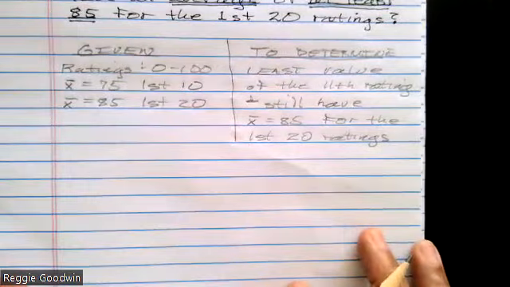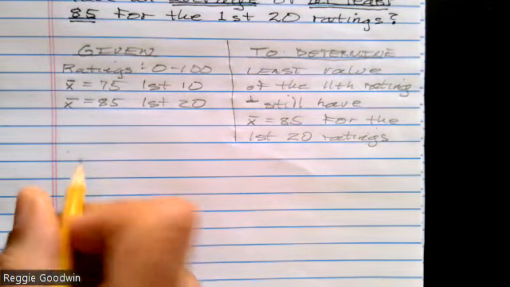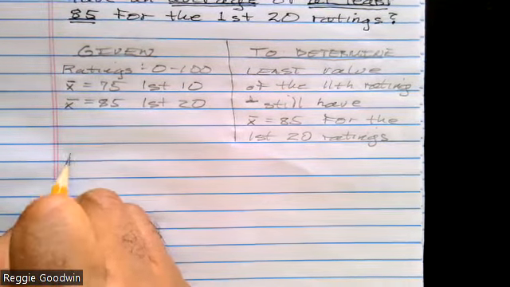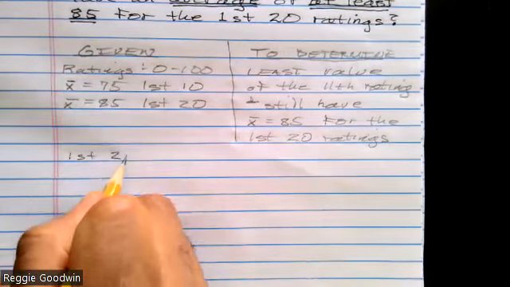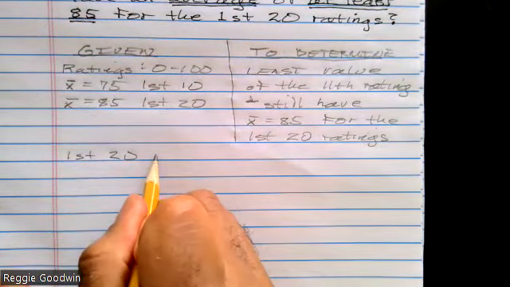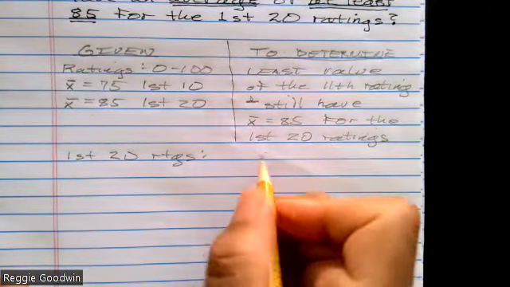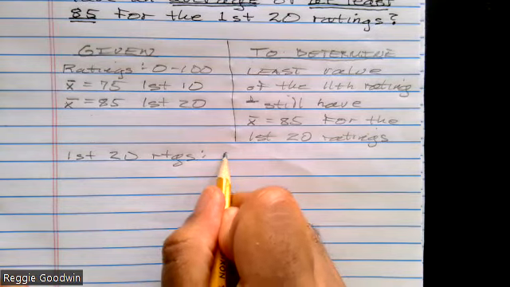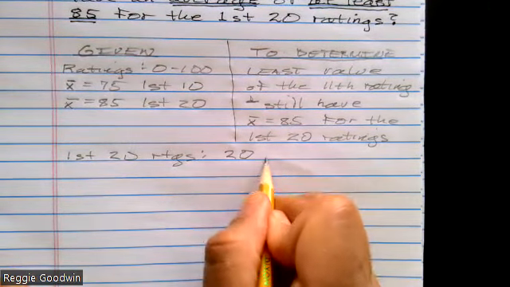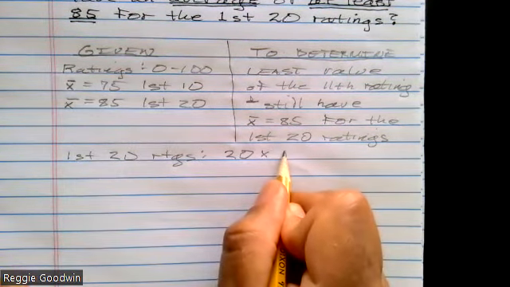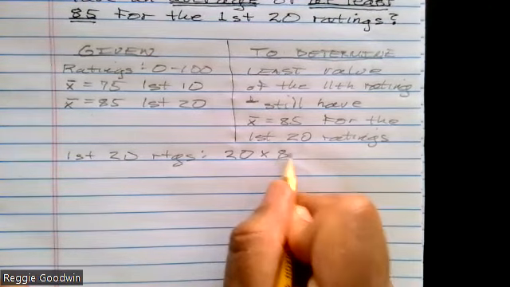I think I have enough room just to get it in. So for your first 20 ratings, you got a total of 20 times the arithmetic mean of 85.